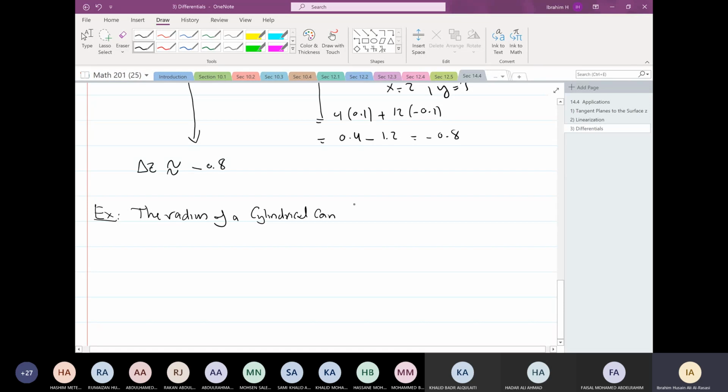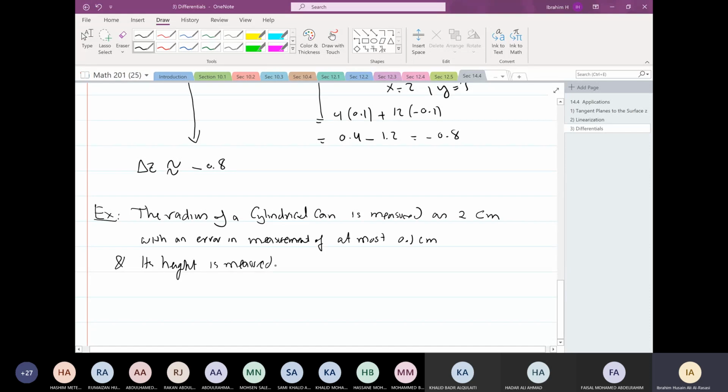is measured as 2 centimeter with an error in measurement of at most 0.1 centimeter, and its height is measured as 5 centimeter with an error in measurement of at most 0.2 centimeter.